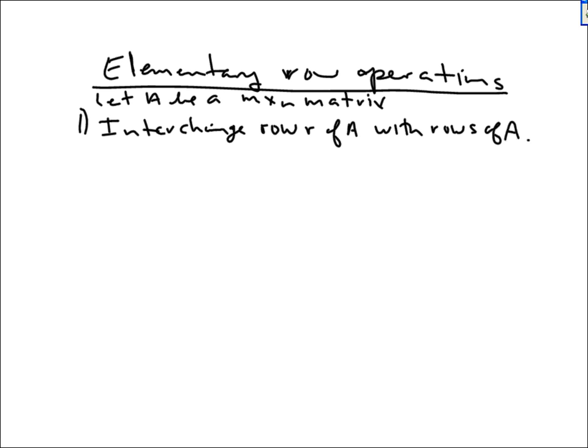There really is no change. For example, even if you weren't allowed to interchange 2 rows, well, you can certainly interchange row 3 with row 3 because you really didn't do it. But okay, enough for that. You can interchange row R with row S of matrix A.